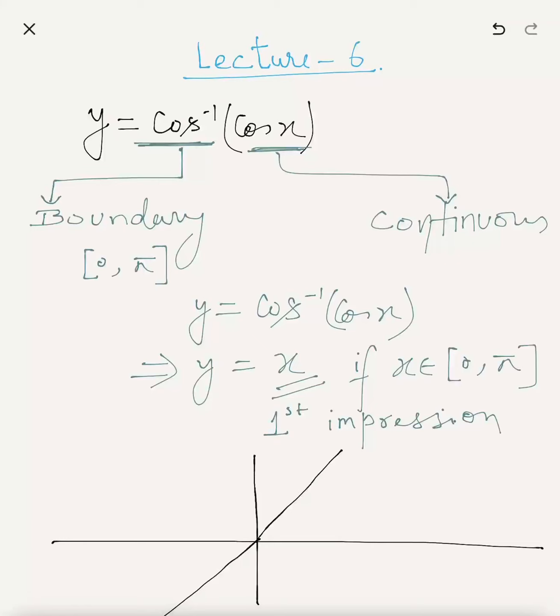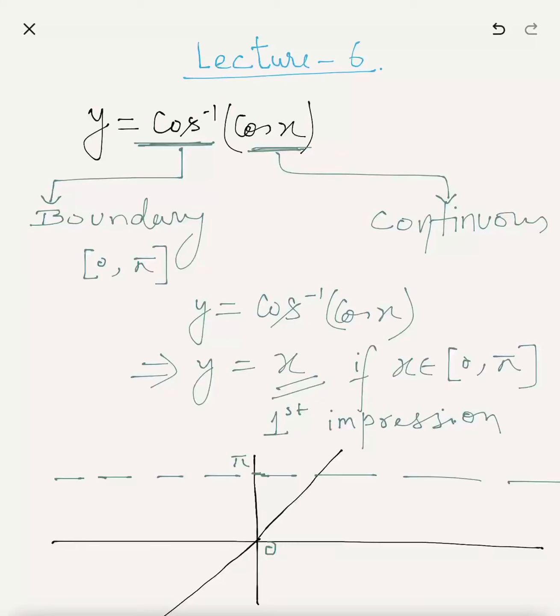Now let us draw the boundary. What is the boundary of cos inverse of cos x? 0 to pi, isn't it? So we will draw the boundary. Here you have got 0 origin, and it will go up till pi. Got it?